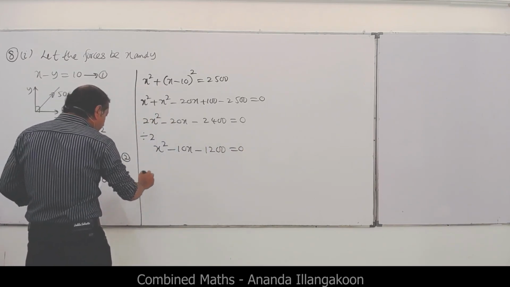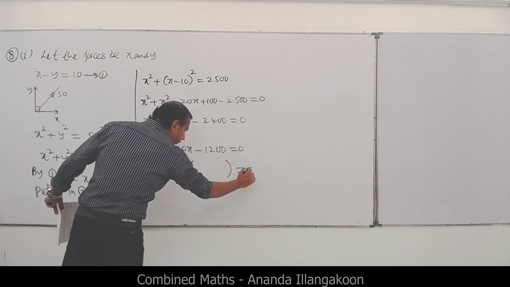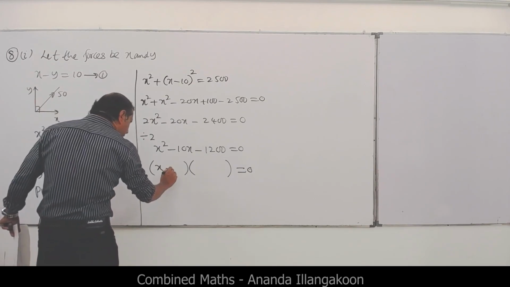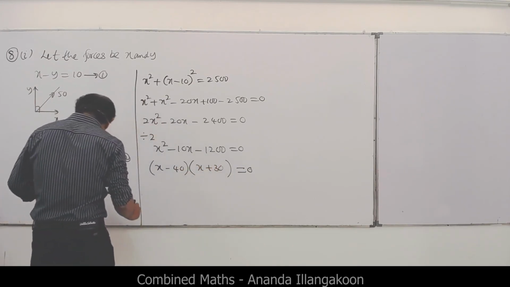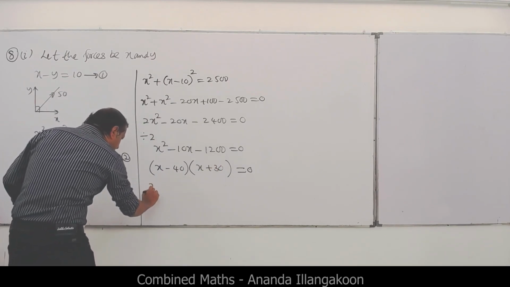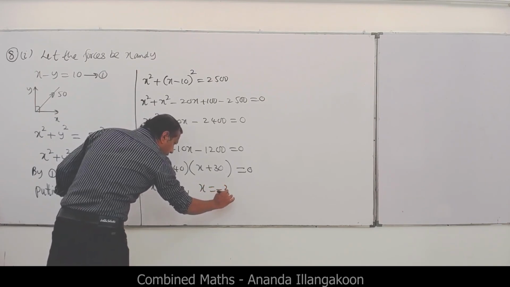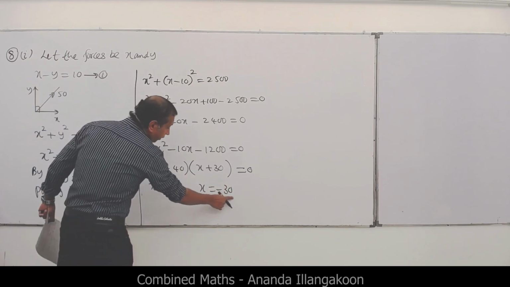So there are factors you can take of this quadratic equation, right? x minus 40, x plus 30, right? By this bracket we get x equals 40. By this bracket we get x equals minus 30. This, of course, we reject.